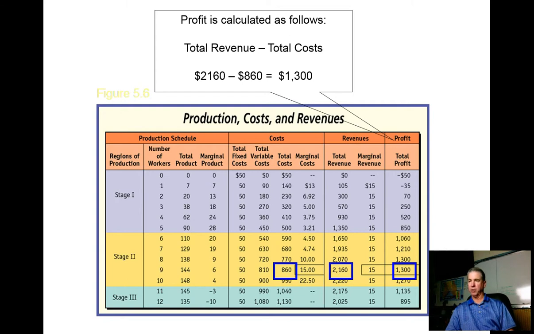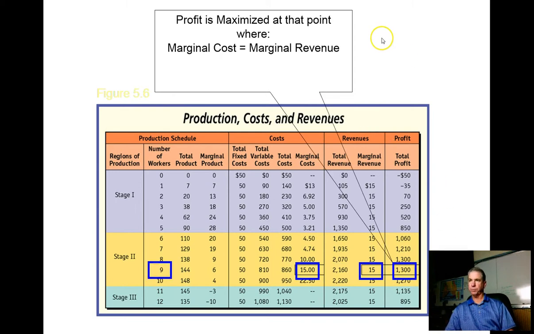We don't know what the situation is going to be until we do hire that 9th worker, but we're going to take a look here at another measure real quickly. So, at worker number 9, total profit's $1,300. So something magical happens at that location. The profit is maximized at that point where marginal cost, here's our marginal cost column, notice it's at $15, is equal to marginal revenue.